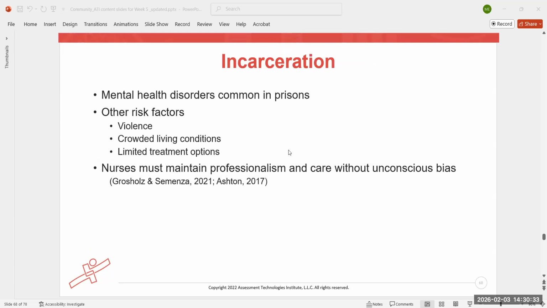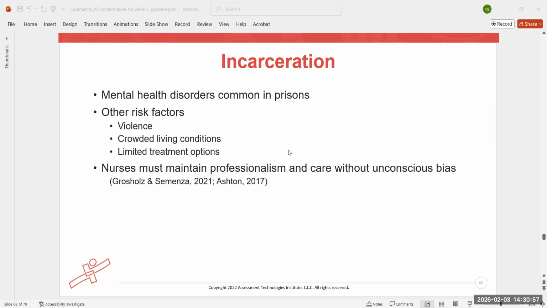Incarceration, mental health concerns are going to be common within prisons. Healthcare will be regulated through the Department of Justice for incarcerated individuals. There is an increased rate of chronic disease within incarcerated patients.